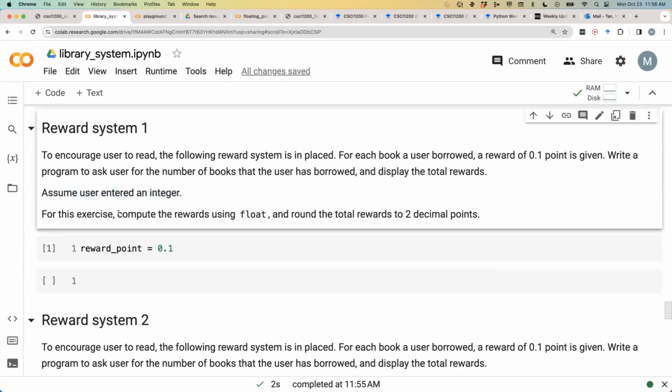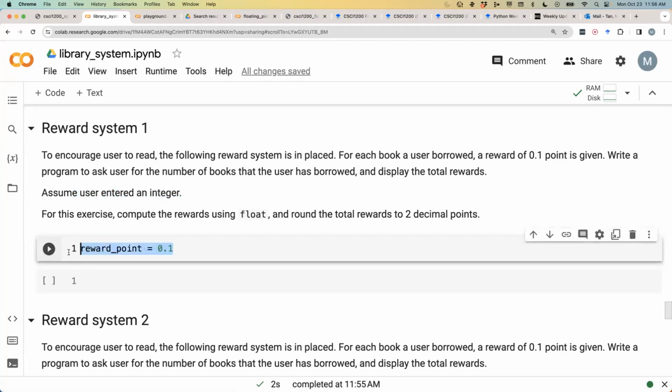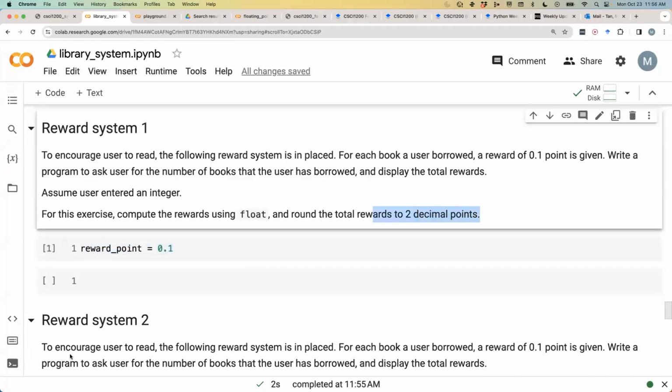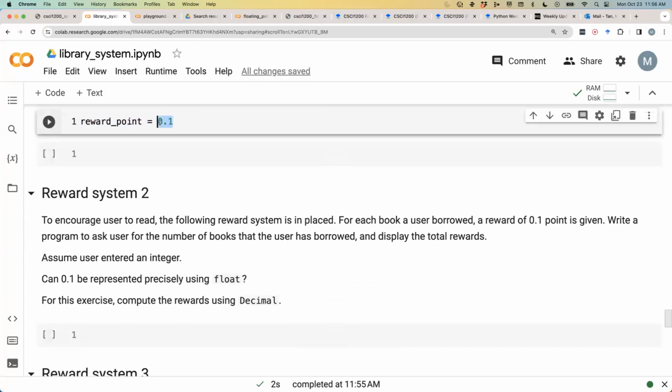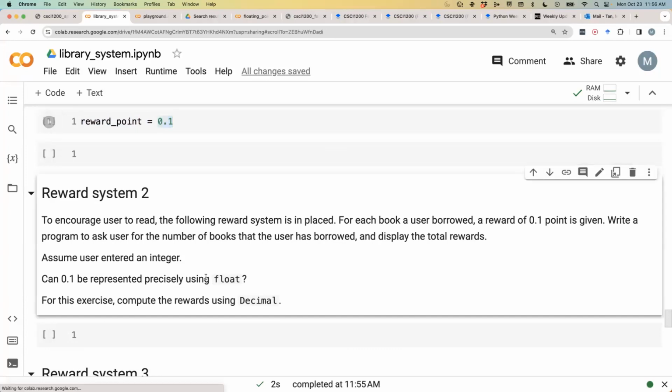So for the first exercise, you compute the reward using float. So reward point is actually equal to 0.1. And then you compute the total reward based on user input, and you round the total rewards to 2 decimal points. Now, we know that 0.1 cannot be represented precisely as a floating point number.